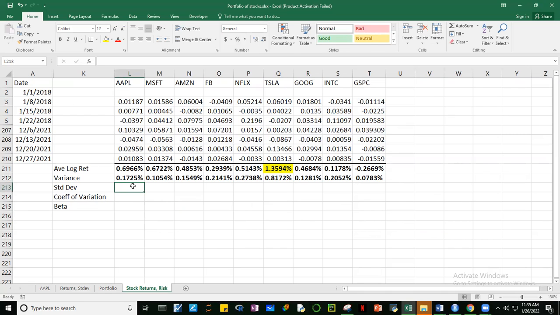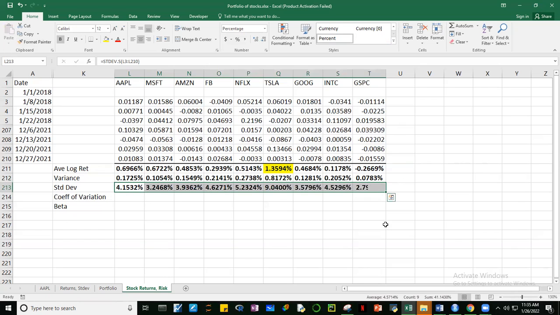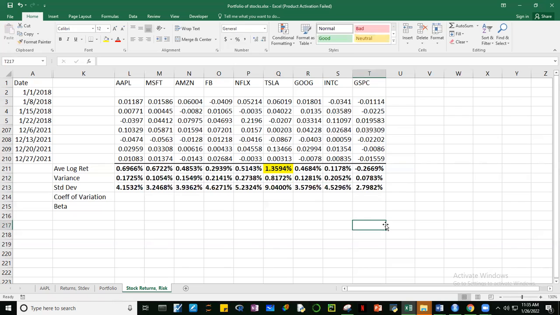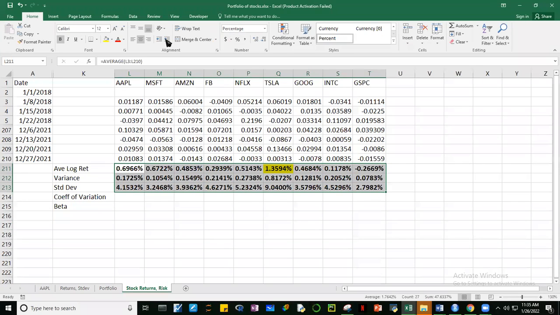Pero mas ginagamit natin si standard deviation. So let's use STDEV.S. Okay, same. Okay, Control Enter. And then copy natin yung format na to dito. Tapos, yan. Buwasan ko nga ng isang decimal place.